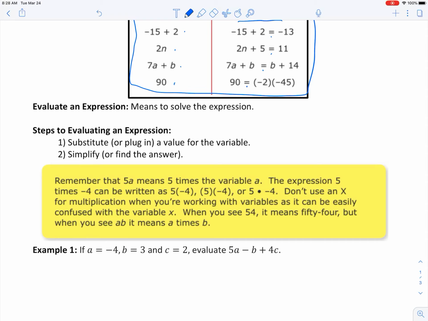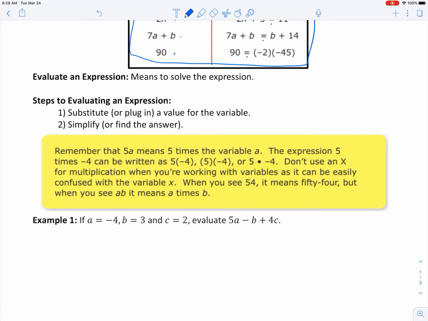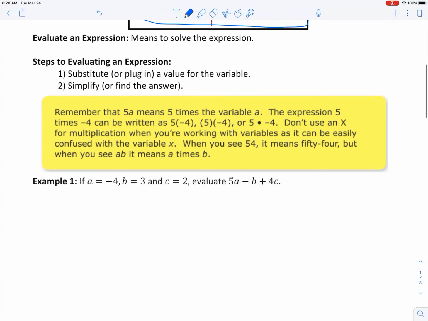We'll get more into that vocab word in just a minute. So steps to evaluating an expression. The first step would be to substitute, which really just means plug in a value for the variable. And then after that, you would simplify or find your answer, or we would say solve.